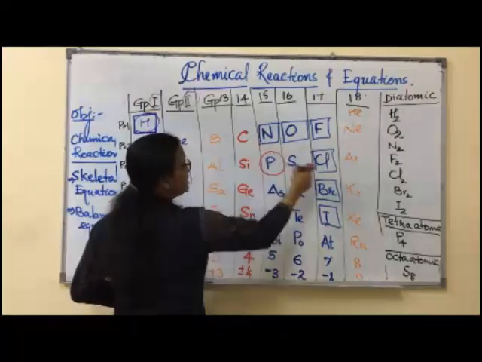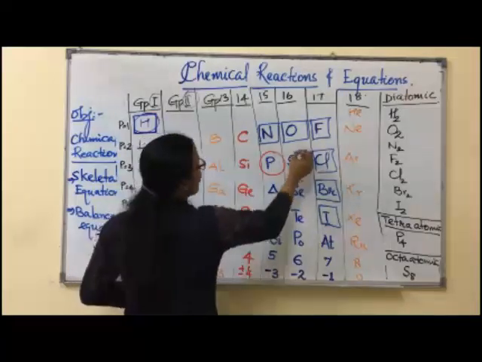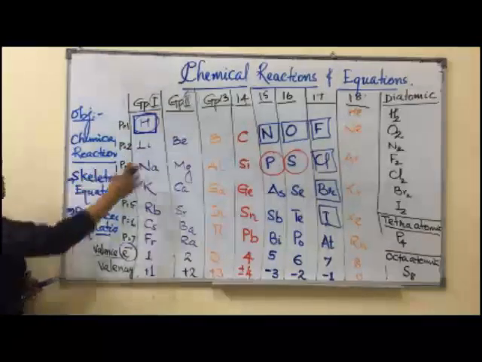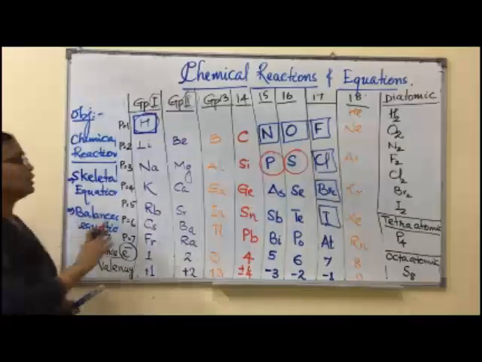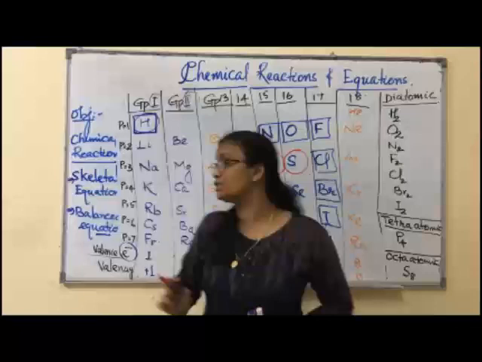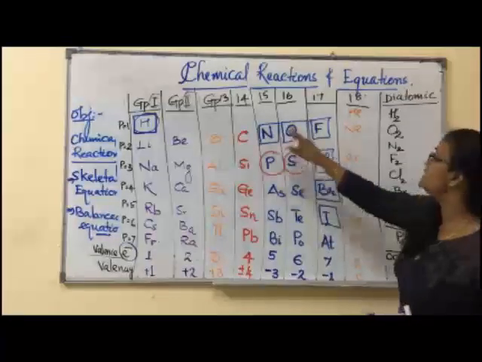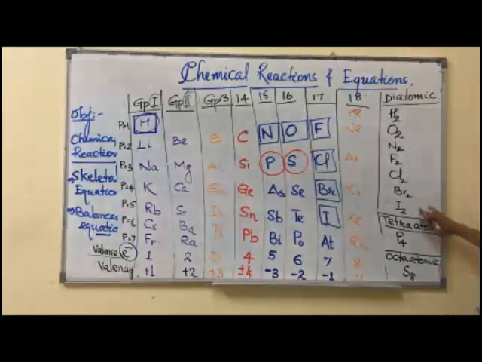Phosphorus is tetraatomic and sulfur is octatomic. For the remaining elements, when you are writing the molecular formula or balancing a chemical equation, you should represent them in atomic form only, but these elements you should write in the molecular form.